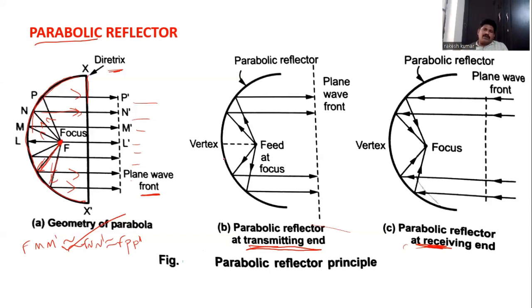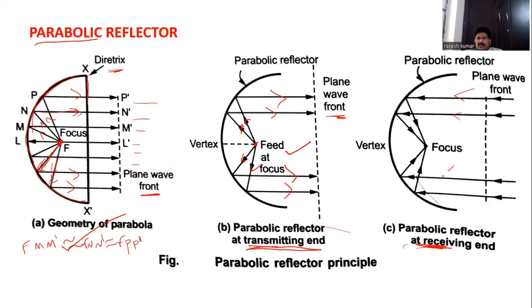What happens in the transmitting antenna? Here the primary antenna is there. From this the rays are radiated and first fall on the parabolic reflector, and all the rays move in the same direction, so you get a plane wavefront. This is the case of the transmitting antenna. What about the receiving antenna?